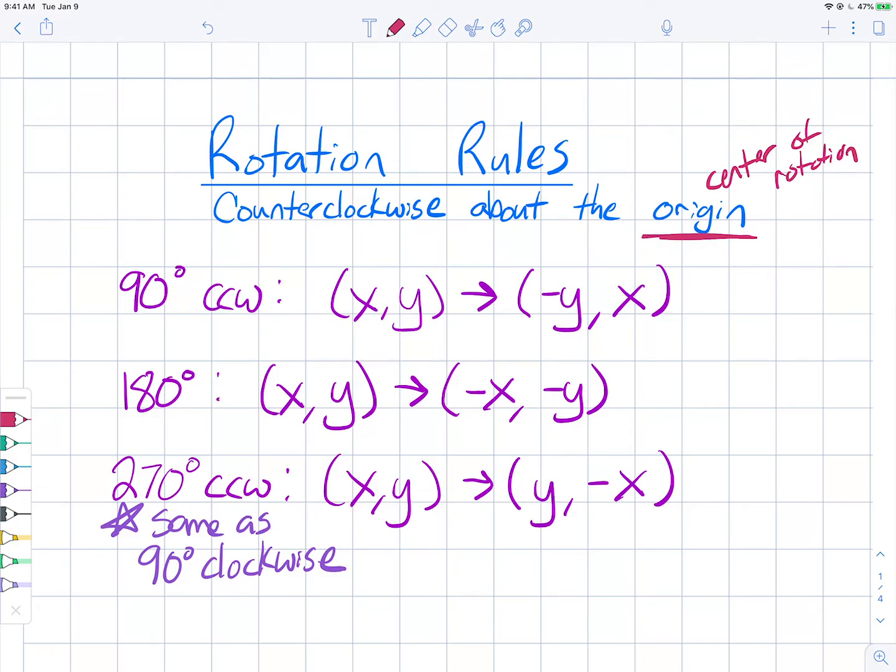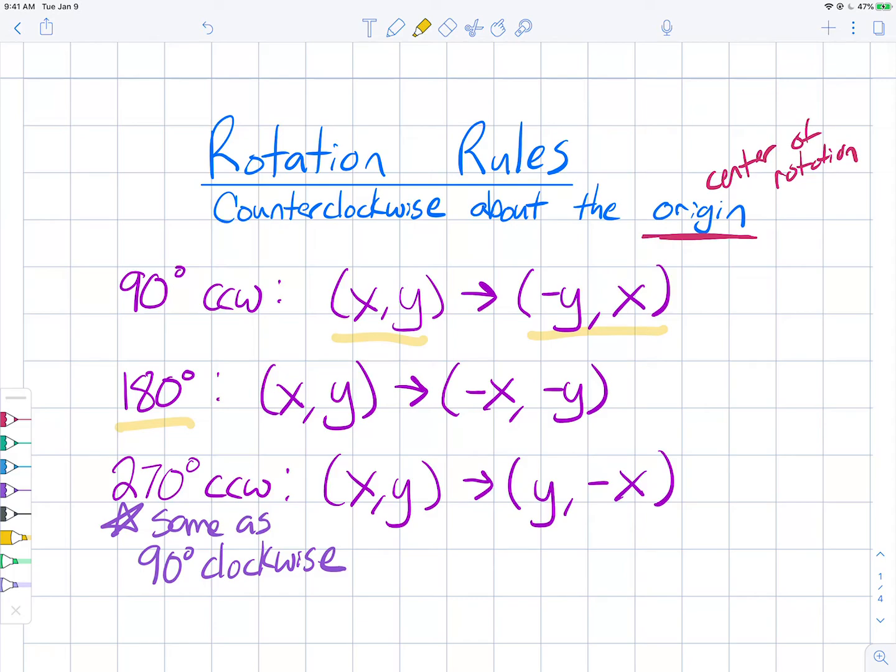So if you were to take a point and rotate it 90 degrees counterclockwise, you would take that point, which is x comma y, and you would make it negative y comma x. So you flip the numbers and make the new first number, which was the y, negative. If you were to rotate something 180 degrees, and notice I don't have counterclockwise next to it because 180 degrees clockwise and 180 degrees counterclockwise, you end up in the same spot.